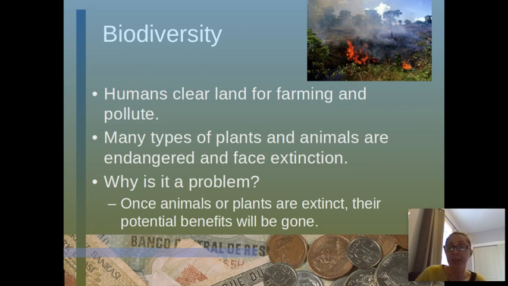Many types of plants and animals have now been endangered or face extinction or even have become extinct because of human activity. And what we see is this impacts biodiversity. This essentially could harm us when certain plants and animals that have a benefit are gone. And so that's something we have to be mindful of as we develop and expand as a civilization.